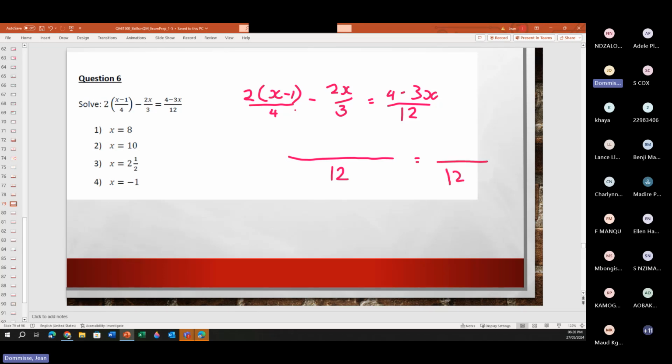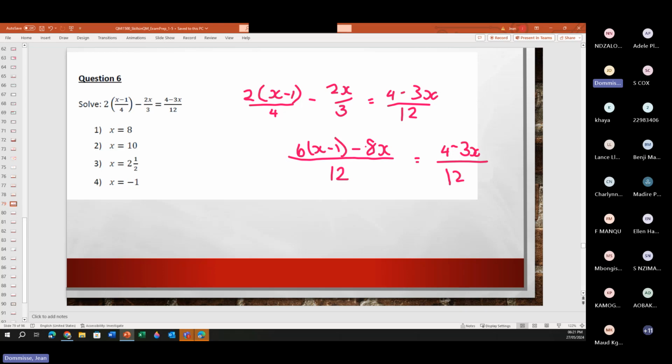So 4 goes into 12 3 times. 3 times 2 is 6x minus 1. We can simplify that now. 3 goes into 12 4 times. 4 times that, 4 times 2, is 8x. And on the other side, we stay with 4 minus 3x, because 12 is 12.